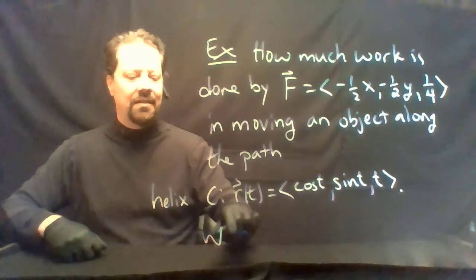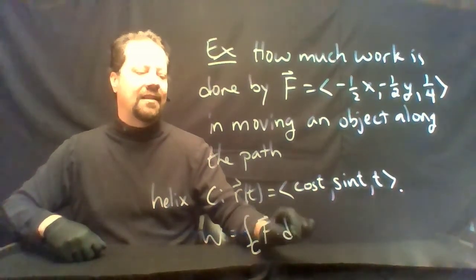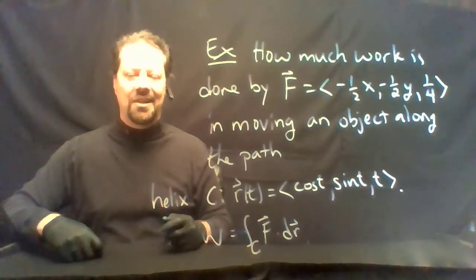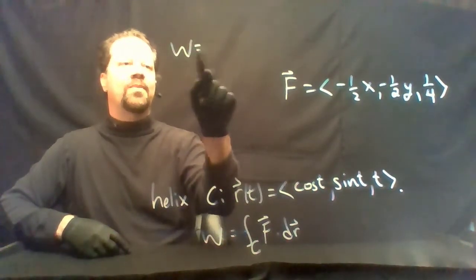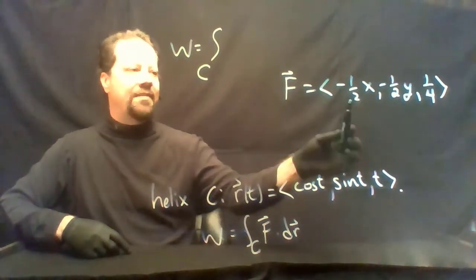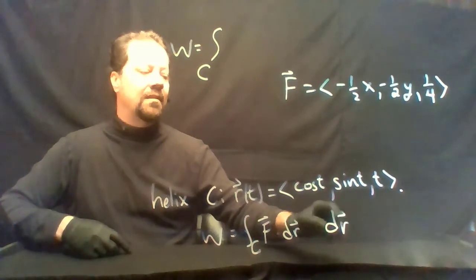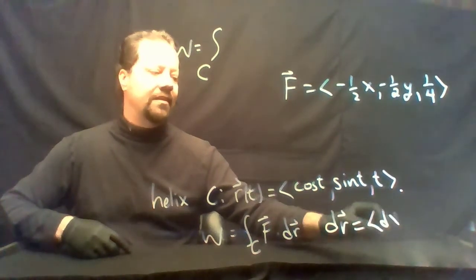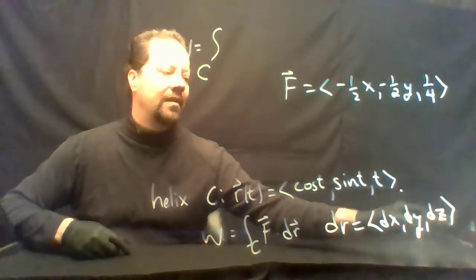The total work is going to be the integral along C of F dot dr. Let's calculate that. First, let's write the work as the integral on C of F dot dr. Remember, dr is always the vector dx, dy, dz.